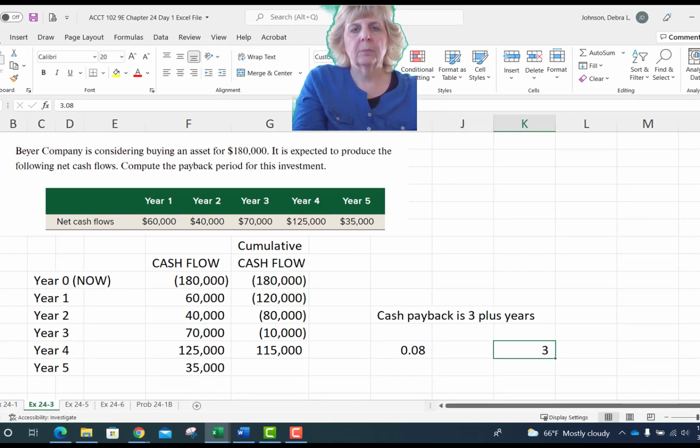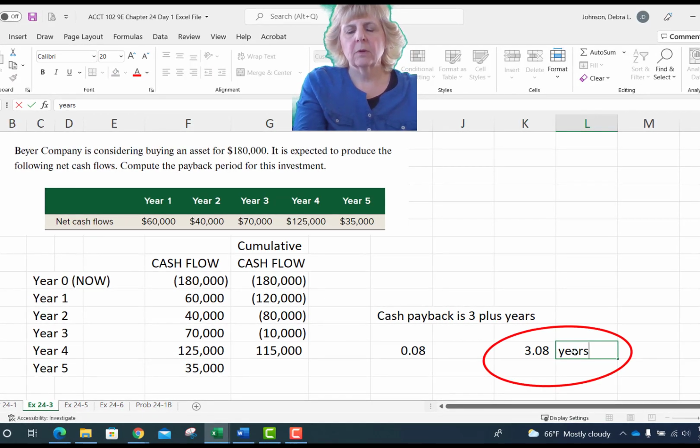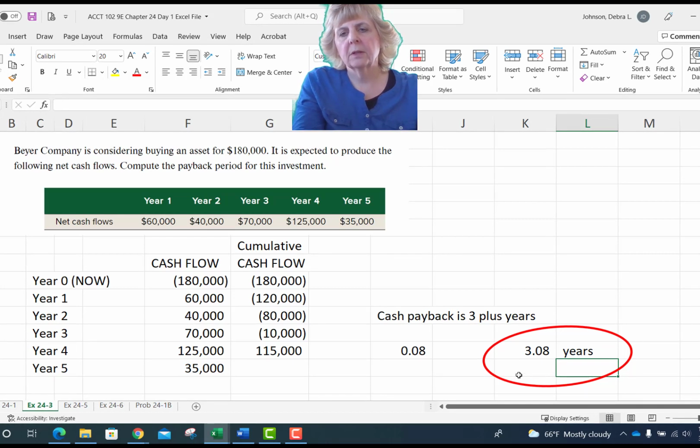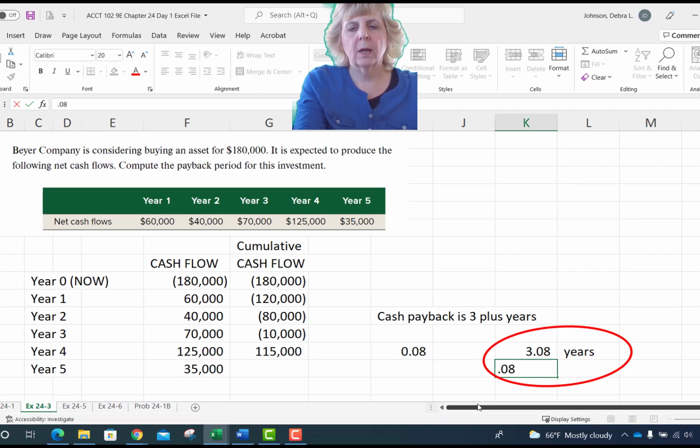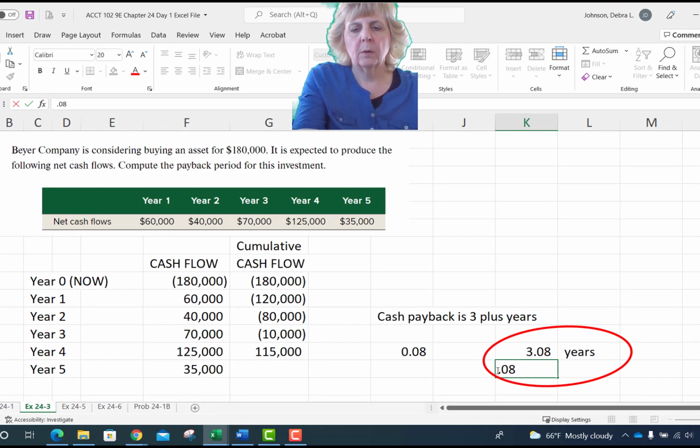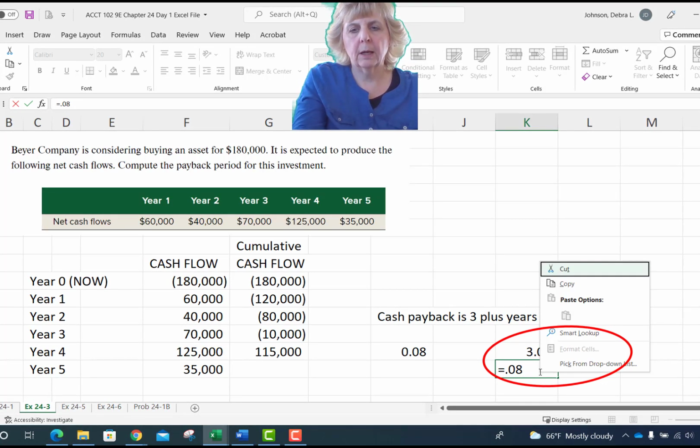And again, let me put a couple decimals so that will stand out to you. And if for some reason on an exam or on a quiz or something, they ask you, well, how many months is that 0.08? We would take that 0.08, and since there's 12 months in a year, we would multiply that by 12.